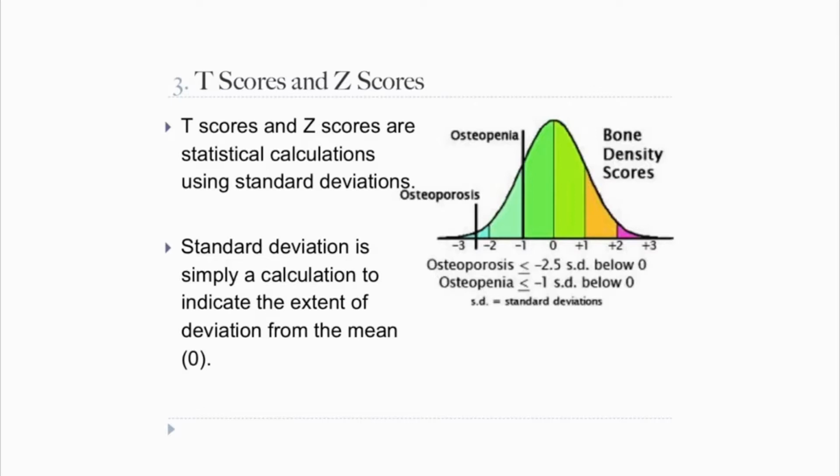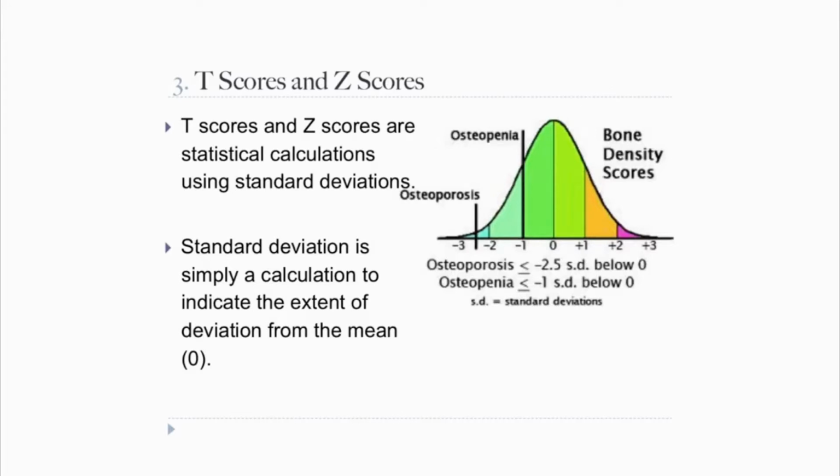In bone health, they have declared that osteopenia is when you're one standard deviation lower than the average young woman, when your T-score is minus one or more, and osteoporosis is when your T-score is minus 2.5 or more.